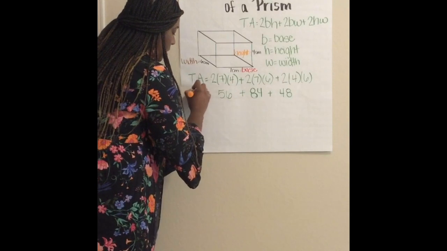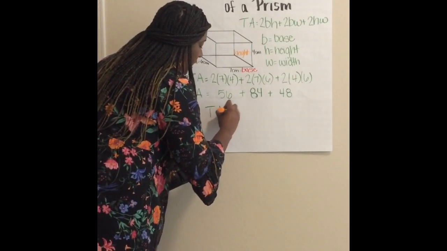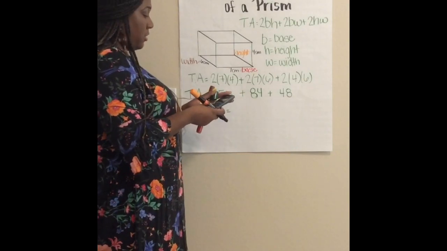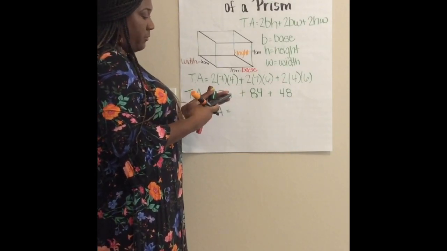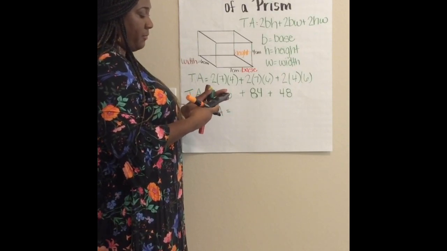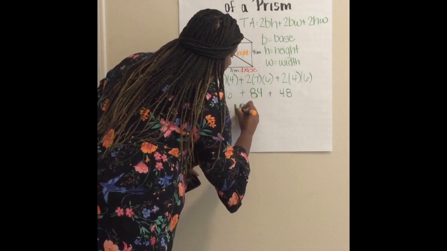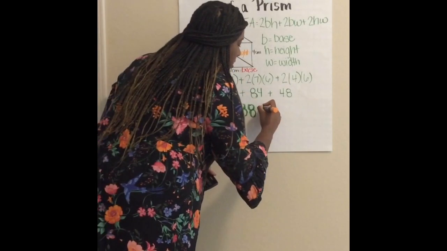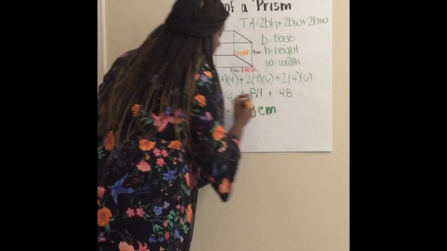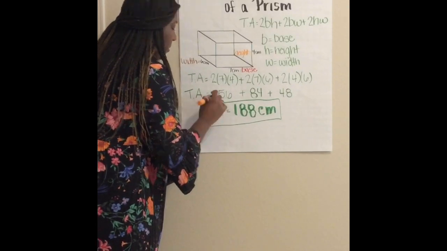So now we need to add all of that together. So you need to do 56 plus 84 plus 48. And you should have got 188. Again, don't forget your units. Centimeters. There's your final answer.